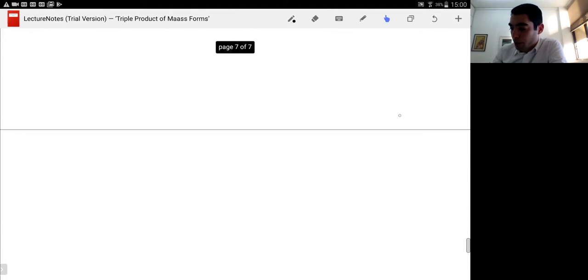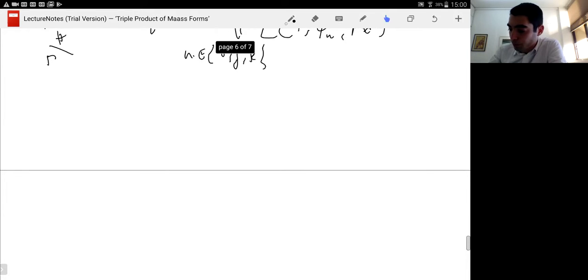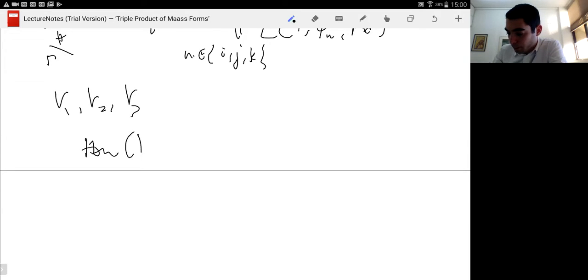So their key observation was the following. Consider three automorphic representations V1, V2, V3, and consider the Hom space into the trivial representation.